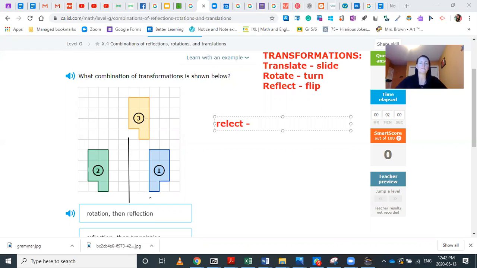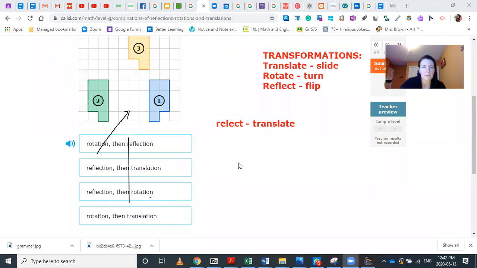And then to get from number 2 to number 3, we have kept it in exactly the same form. We haven't turned or flipped it. We have just moved it across. That's that slide that we're talking about. So the big word we want to use is translate. In that order, this is what we're looking for.